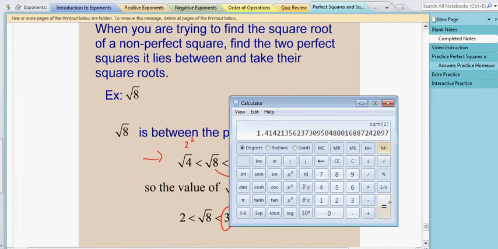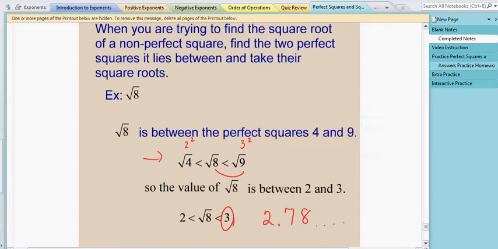So I'm going to come to my calculator, and here's 8. I'm going to take the square root, and it's 2.828, etc. So it's approximately 2.8. I was close, not exact, but close, but that's okay because we're approximating. Without a calculator, I can get an idea of approximately the value of the square root of 8.